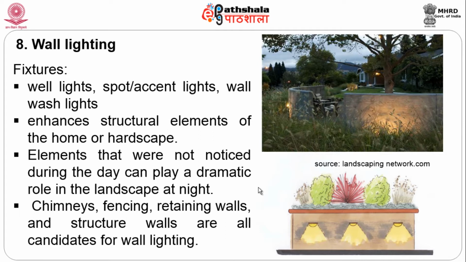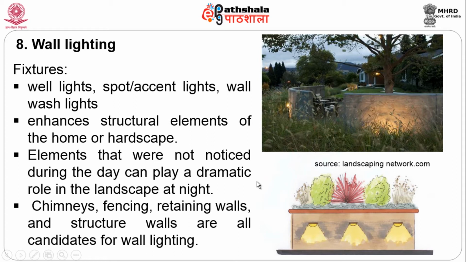Next is wall lighting. The fixtures for wall lighting are well lights, spot and accent lights and wall wash lights. It enhances the structural elements of the home or the hardscape. Elements that were not noticed during the day can play a dramatic role in the landscape at night, because most of the elements during the daytime look so subtle, which we would not have identified as a very interesting element, but during the night how well we place the lights creates a nice effect.